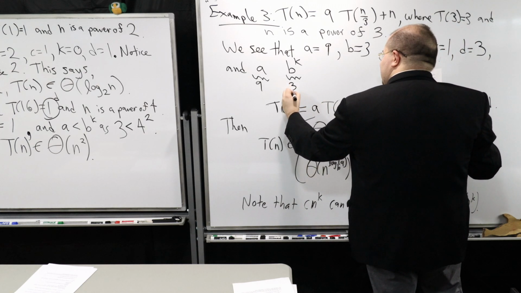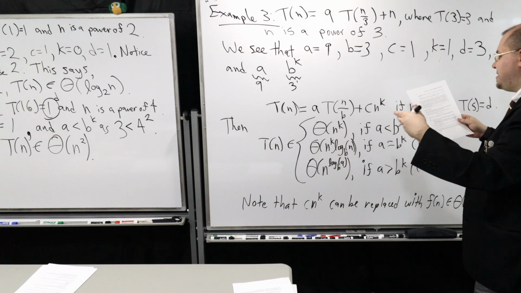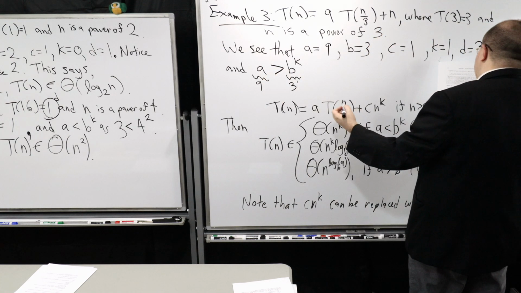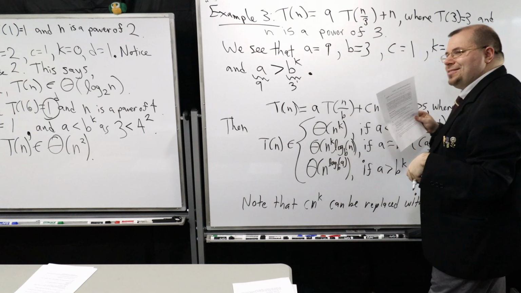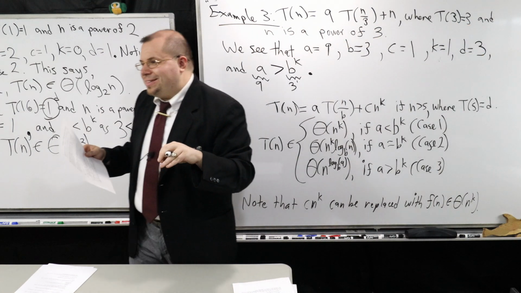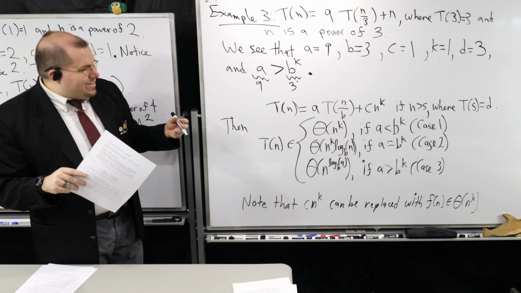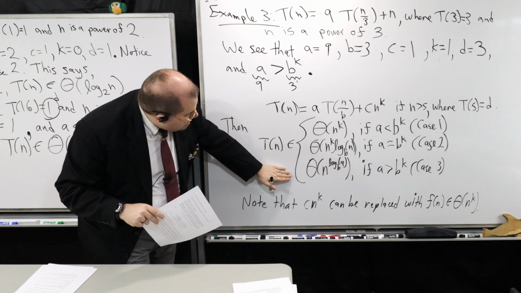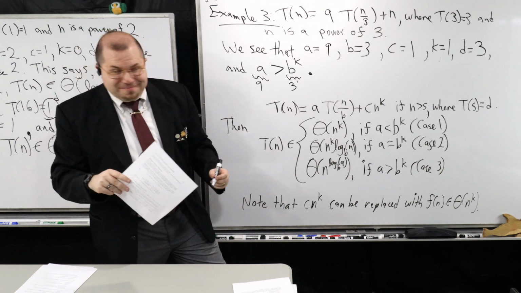So this is just 3 to the power 1. So 9 has to be bigger than 3 to the power 1. So because A is greater than B to the power K, we're going to apply case 3.